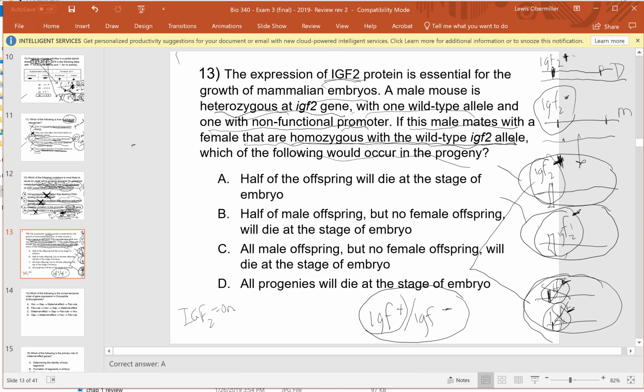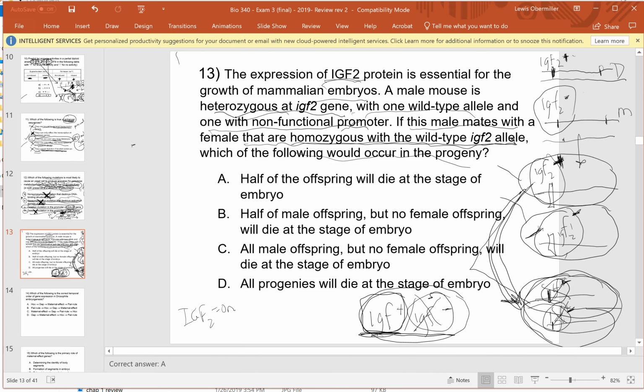And since this is from dad, this would get shut off anyway. And so these offspring from this sperm fertilizing this egg, these are two separate eggs, would be normal, right? Because it only needs one copy of IGF, because this is shut down in mom's copies anyway.